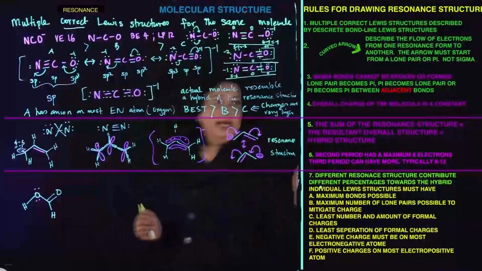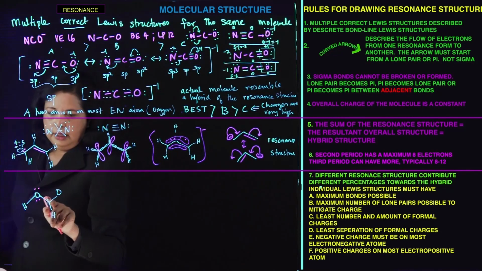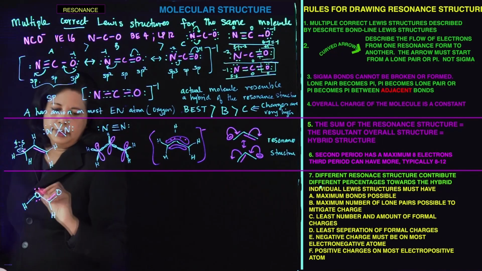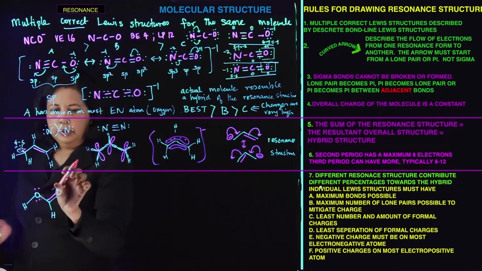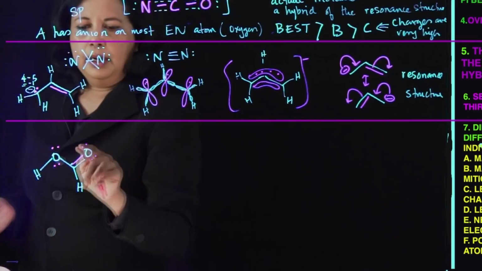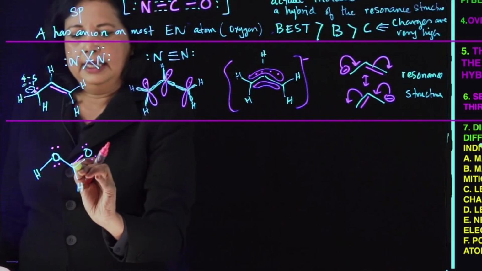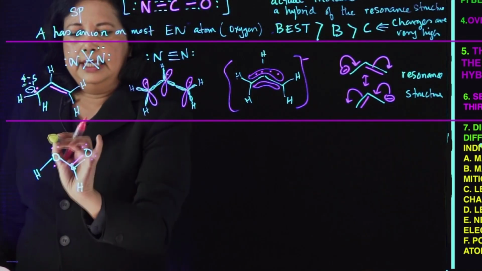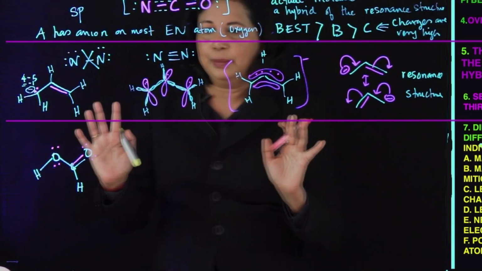Lone pairs and pi's. Sigma cannot be broken. And here's your pi, and there are lone pairs here too. So all of the lone pairs and pi on adjacent atoms can participate. So basically, it's in this quadrant that you're going to have all of your resonance happening.